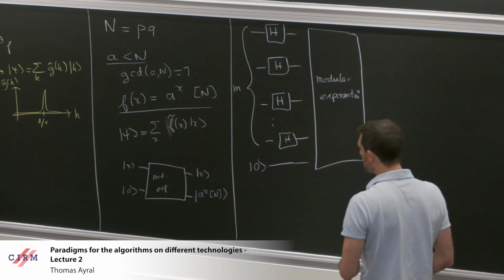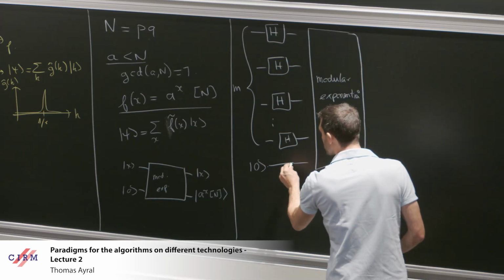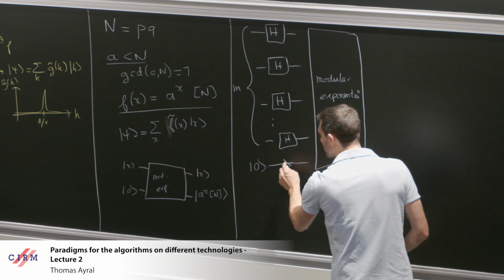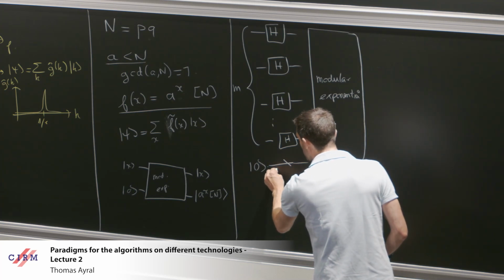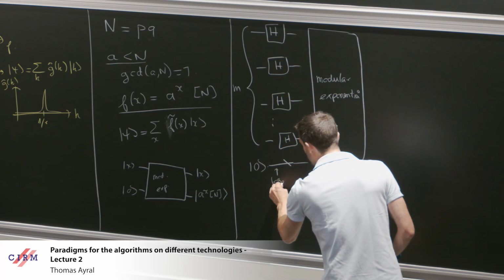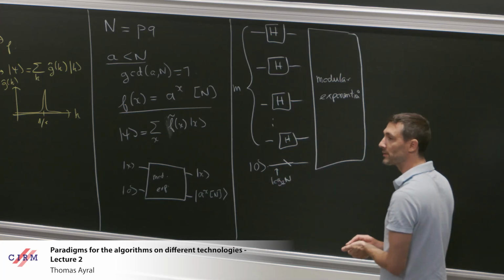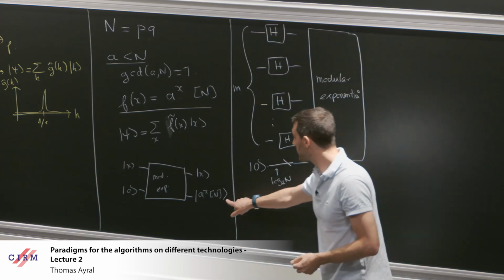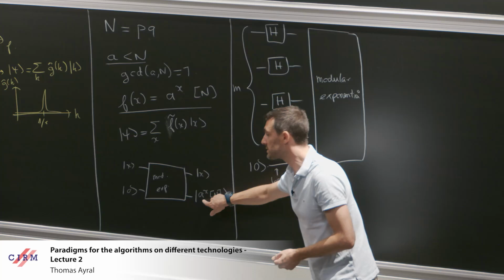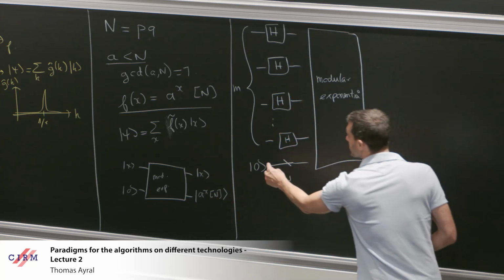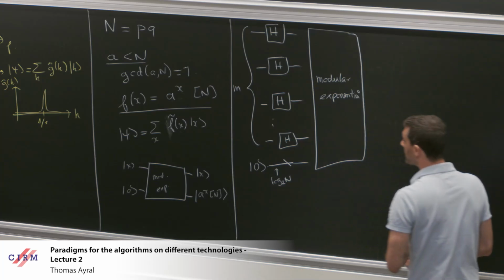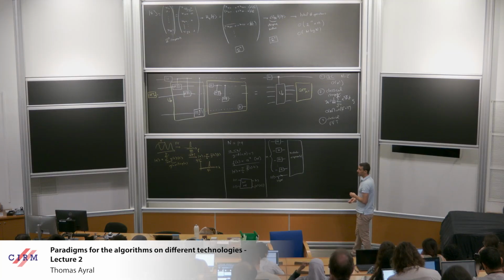Okay? And here, let me also advertise the fact that this is several qubits here. In fact, the number of qubits in this line is, for a reason you can easily understand, log 2 n, because that's the number of bits I need to store a number which is modulo n, because the maximum is n. So this is not one qubit, it's several qubits. All right? So now I suppose I have such a block.